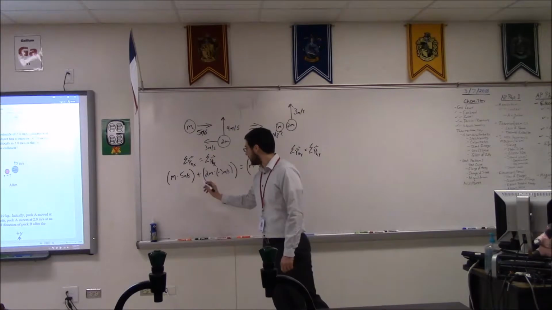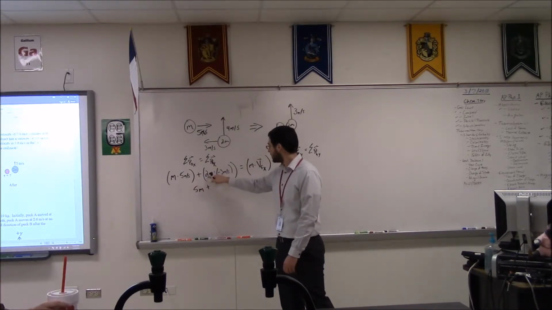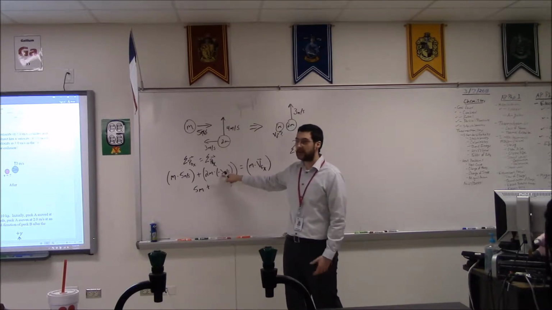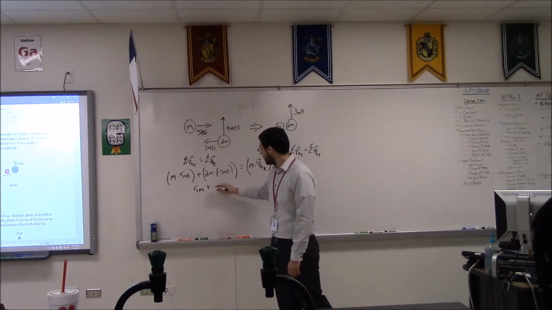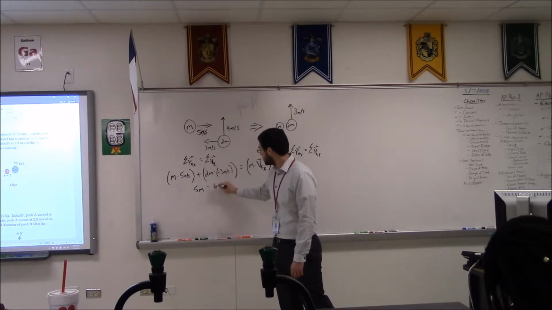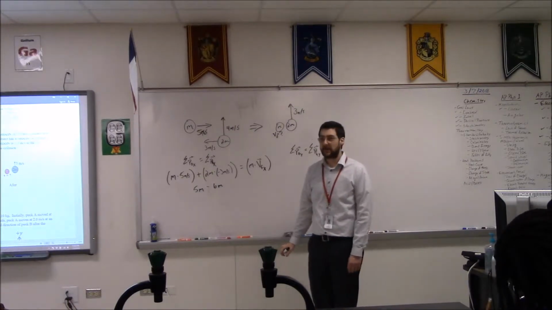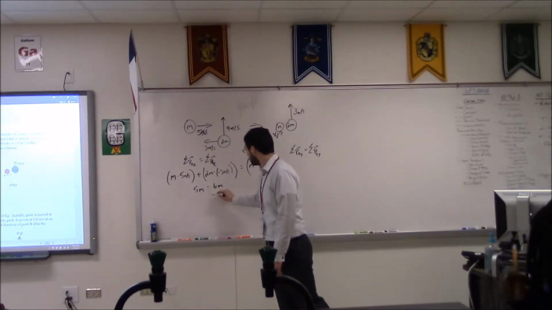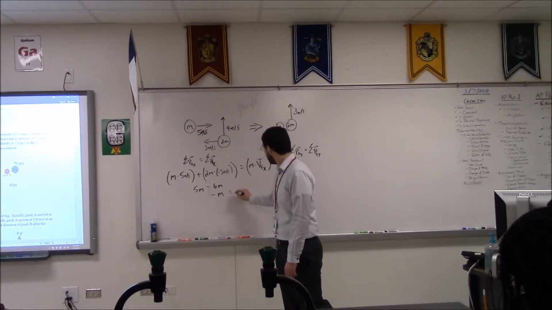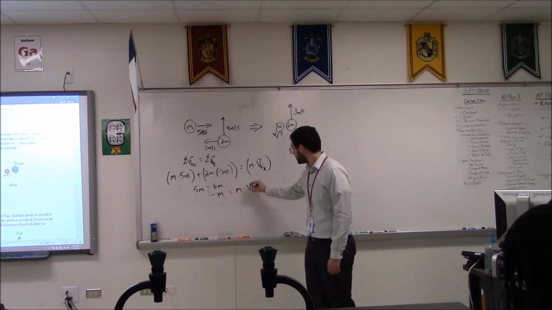So that's going to give me 5m plus 2 times -3, that's the -6, right? So really 5m minus 6m, right? What's that? -1m. So -m equals m times v final x.